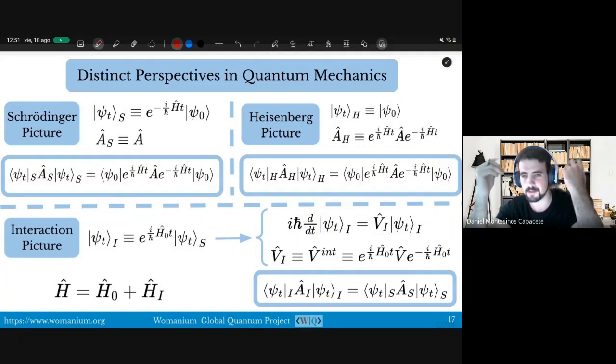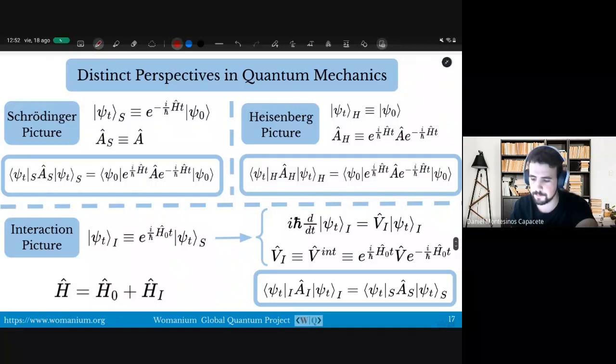These pictures are basically distinct perspectives that you can use to do the computations more easily. At the end, pictures are just different mathematical ways of doing the same thing, because the result is equivalent. There are more pictures for sure, but these are the three main ones that are more common to use.